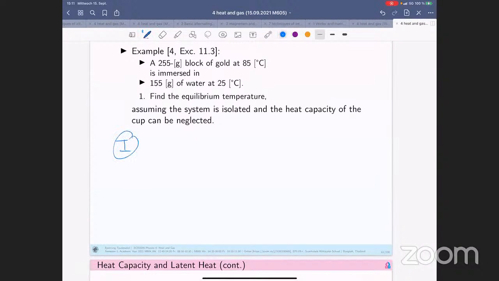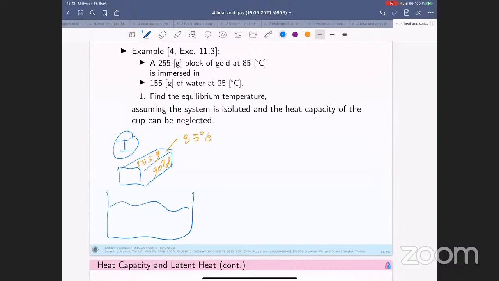The first state is that we have a piece of gold, which is 255 gram and the temperature is 85 degrees Celsius.